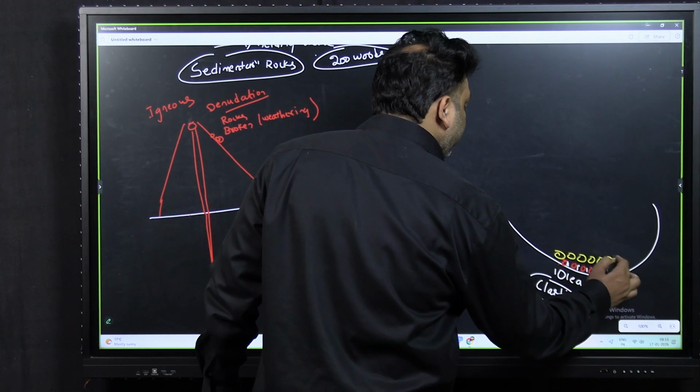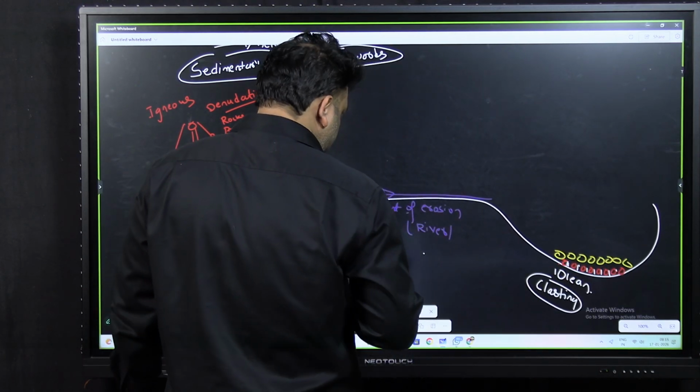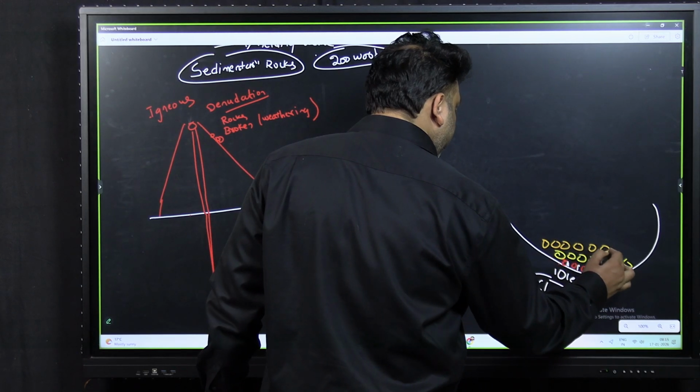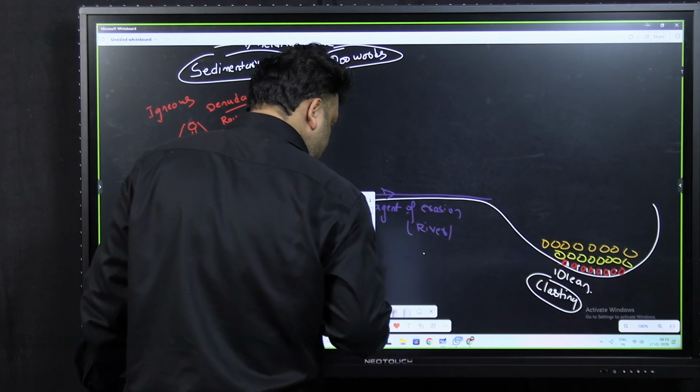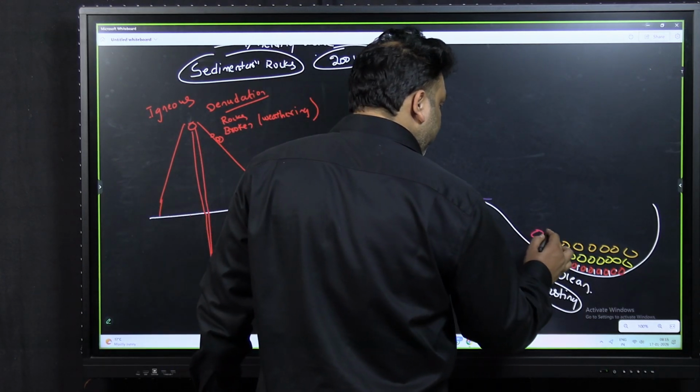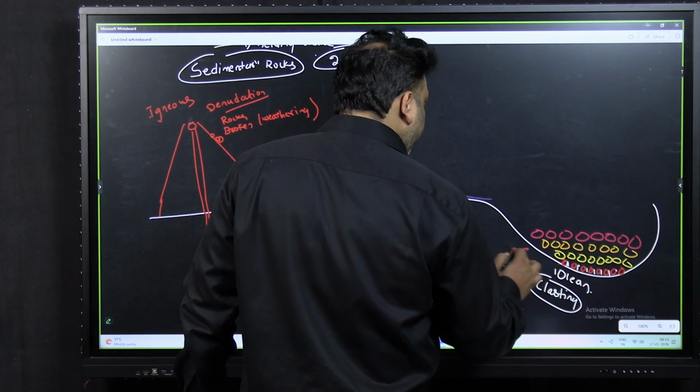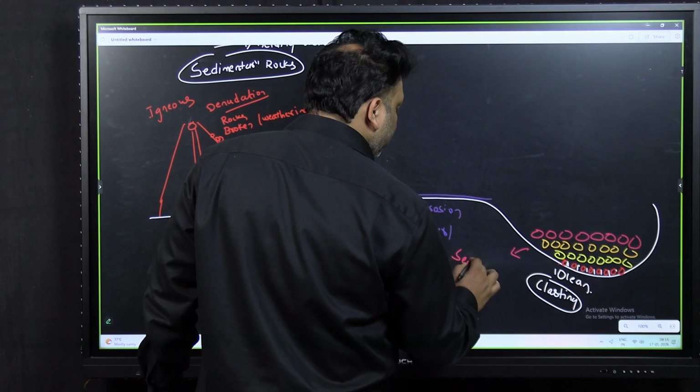So they will tell you the history of the past, and these layers which have been deposited in the oceans over a period of time, finally they'll be lifted up. So this is how these sedimentary rocks are formed.